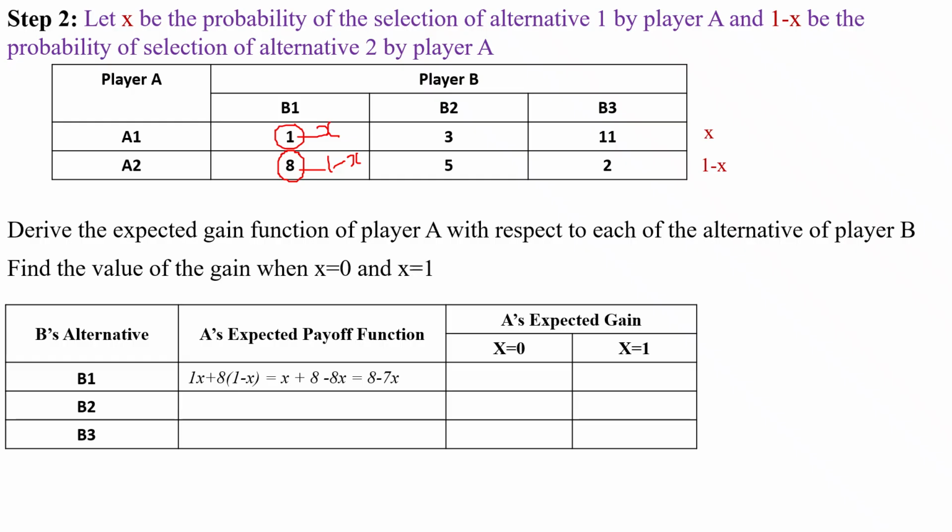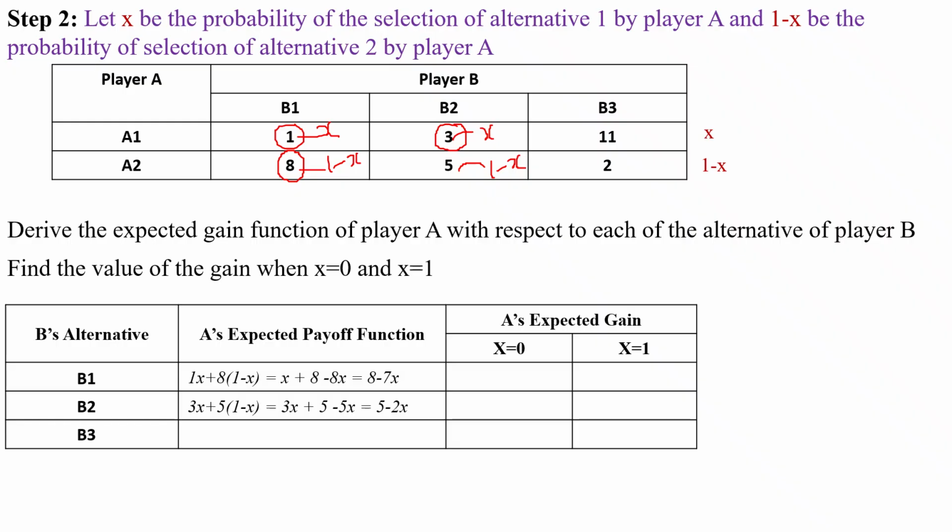Next we determine A's expected payoff function for the second strategy. For the B2 strategy, the payoff values are 3 and 5, and we are considering x and 1 minus x as the selection probabilities for strategies A1 and A2. Expressing these in terms of x: 3 into x plus 5 into 1 minus x, that is 3x plus 5 minus 5x, which becomes 5 minus 2x.